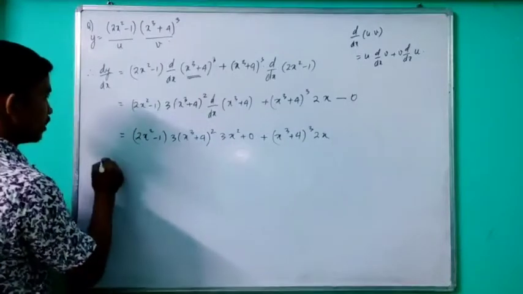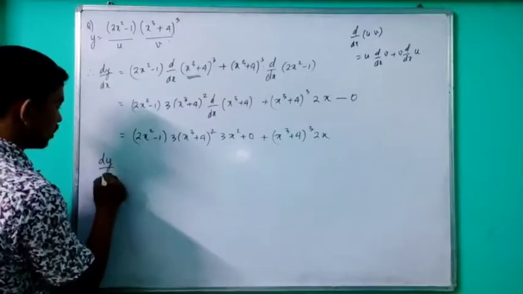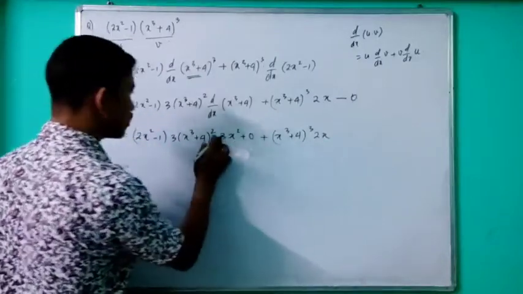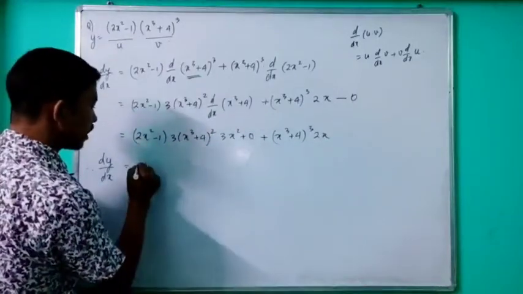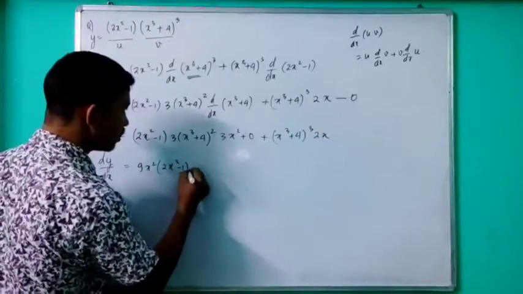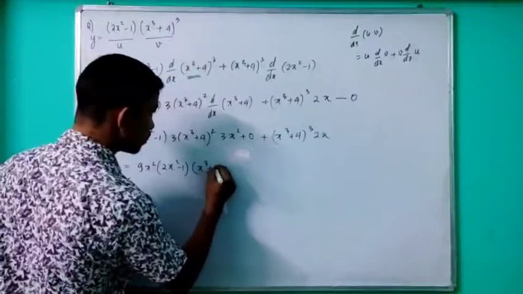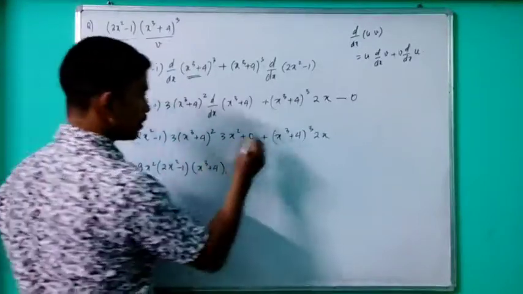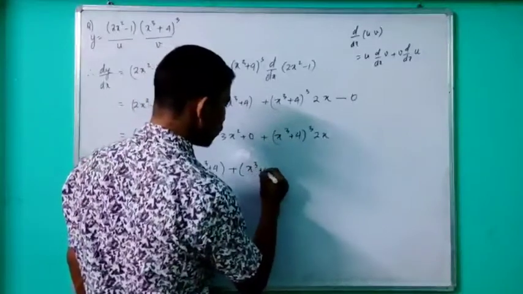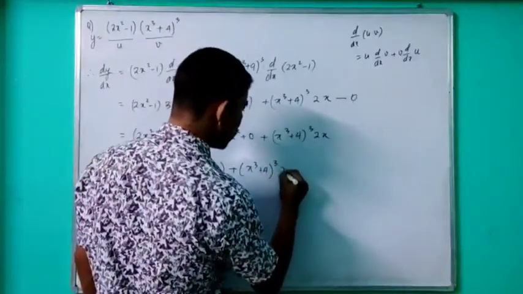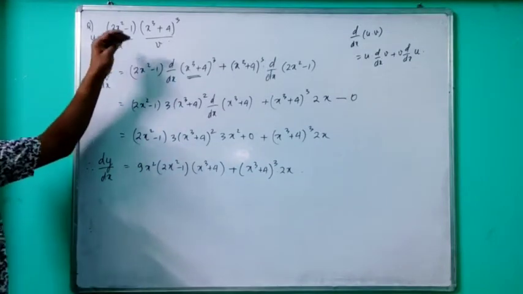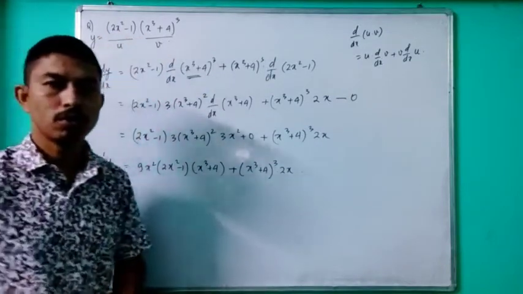So finally, in the simplest form, dy by dx will be equal to, now all these terms I can bring in the front, 3 threes are 9, I can write 9x square (2x square minus 1) (x cube plus 4) whole square, and on the other side I have again plus (x cube plus 4) whole to the power 3 into 2x. Okay, so this is how we differentiate such kind of function of the form u into v.